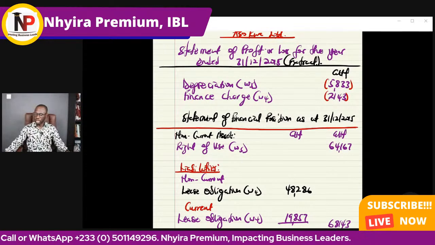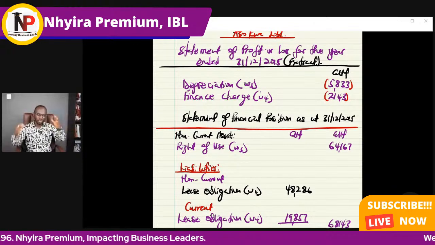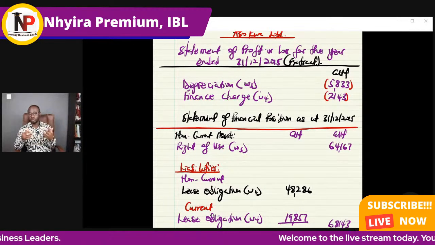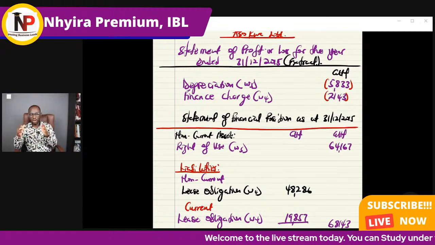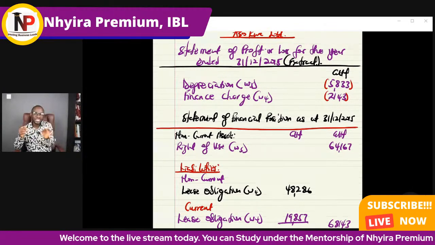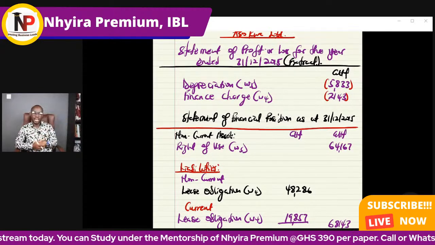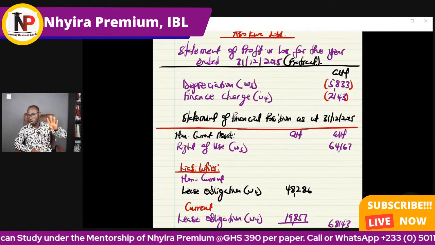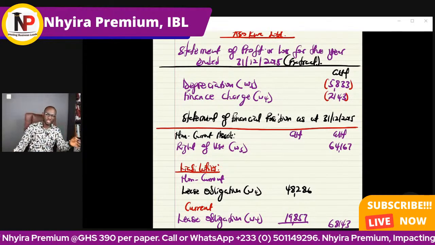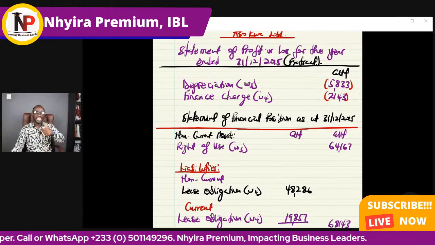The focus here, most importantly, was to be able to calculate the finance charges in total. Then number 2, to use the sum of period debits to allocate the finance charges. But number 3, most important, splitting the finance charges for the year ended under consideration. And then number 4, determining the current liability and the non-current liability. And remember, payments were being made in arrears.